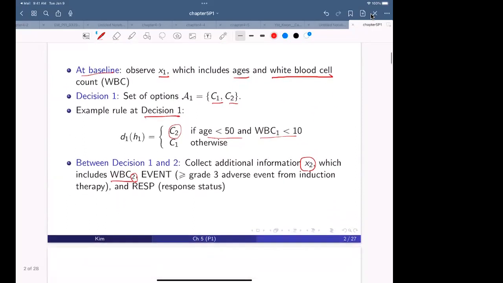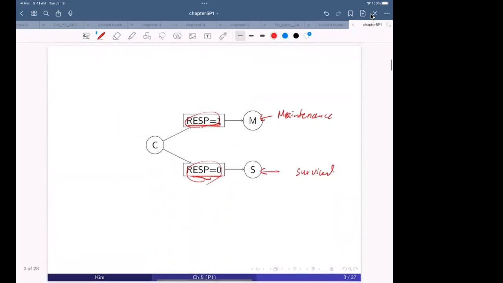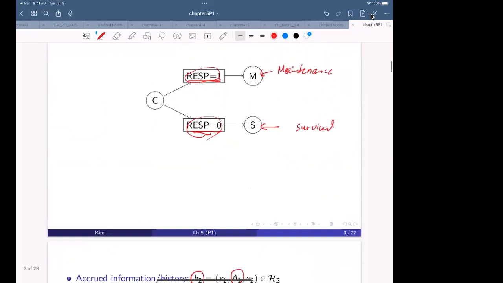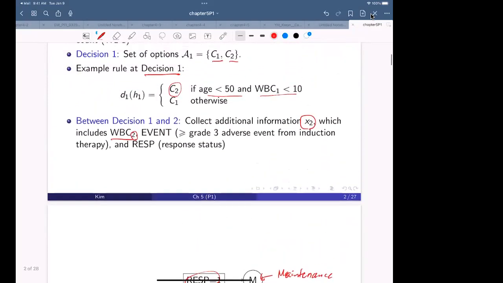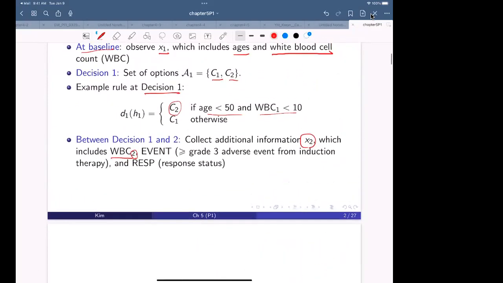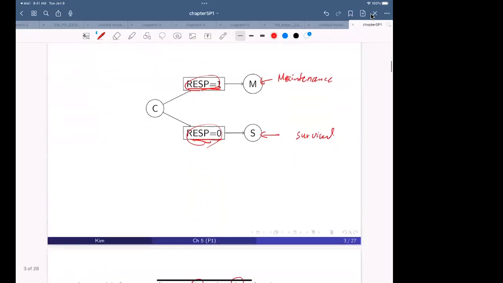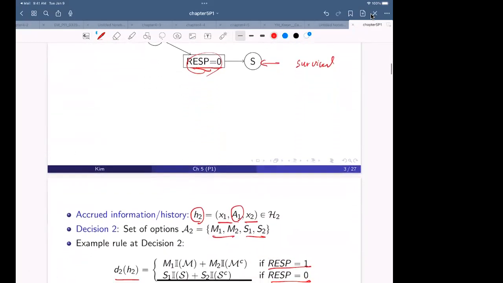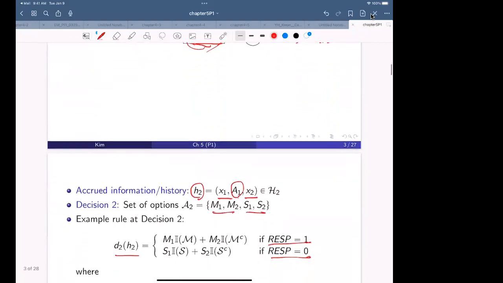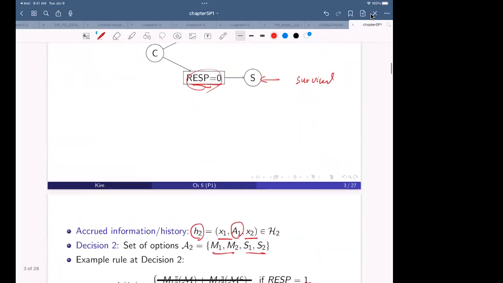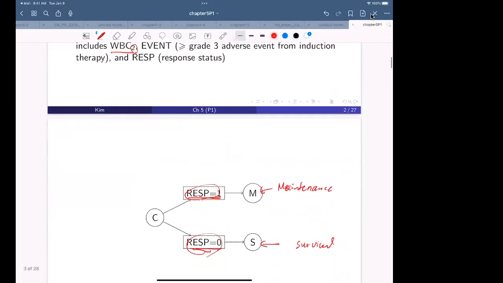Shouldn't all the patients comply with the doctor's suggestion? In theory, yes, but in reality, no. Because if there is non-compliance, it's not missing at random. I see. Yes, in reality.